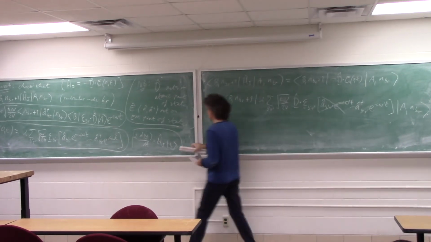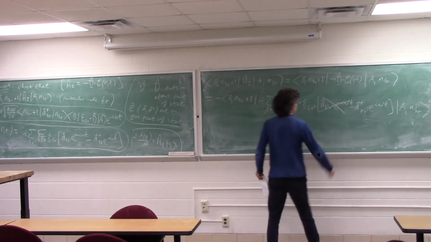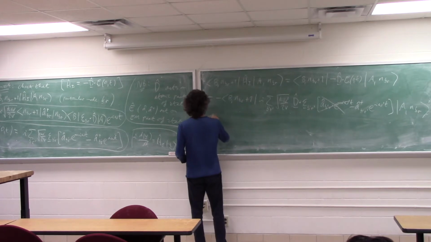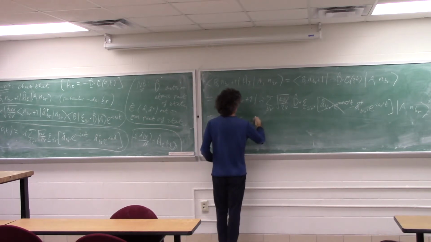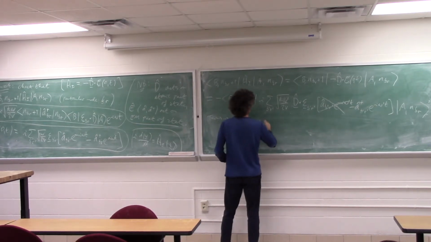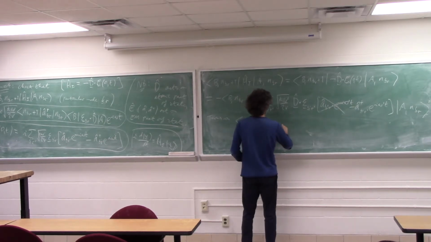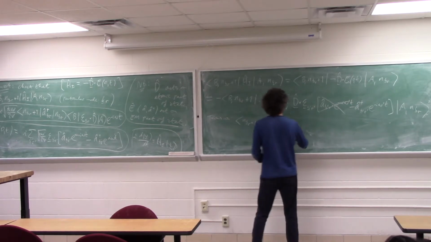If we now look at the terms in the creation operator, sandwiched with n kr plus 1, what happens?